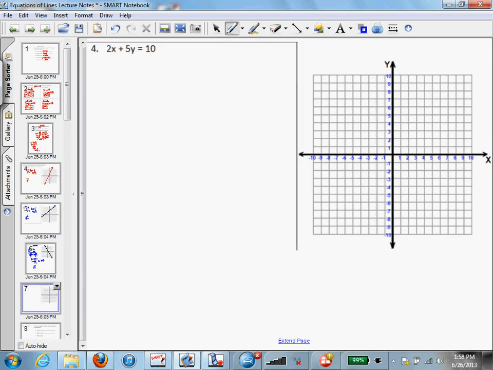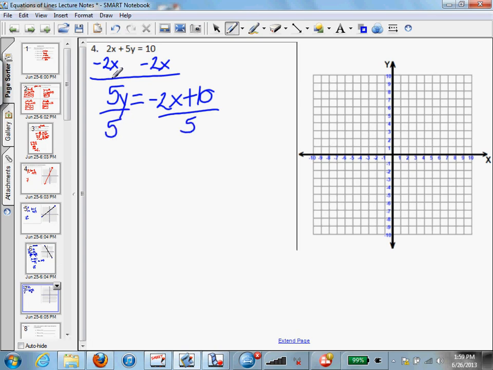And now I believe for our last example, in this case, because I think we're doing okay with time, we want to get y by itself by first subtracting 2x on both sides of the equation. So we're left with 5y equals negative 2x plus 10. To get y by itself, divide both sides by 5.